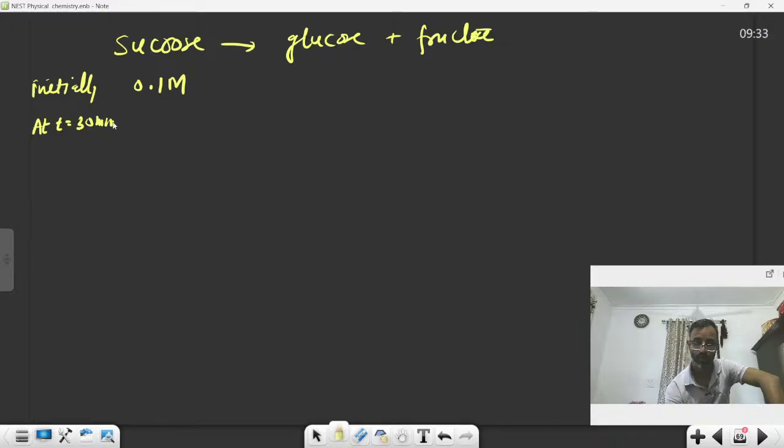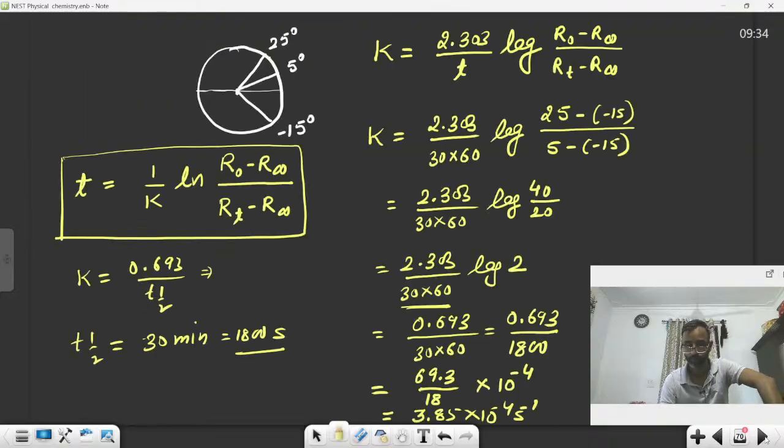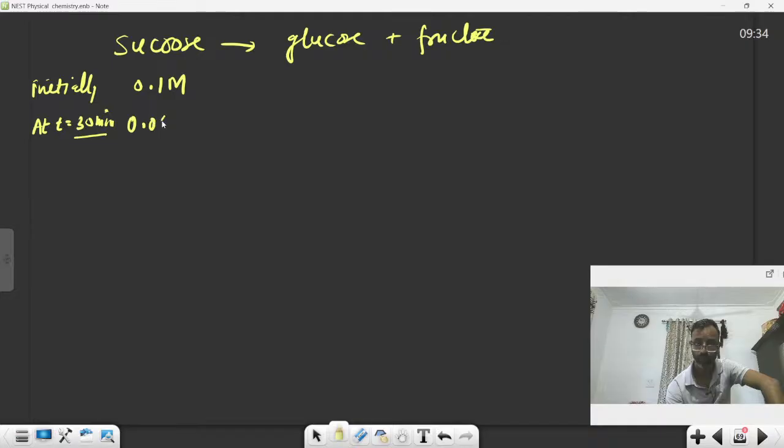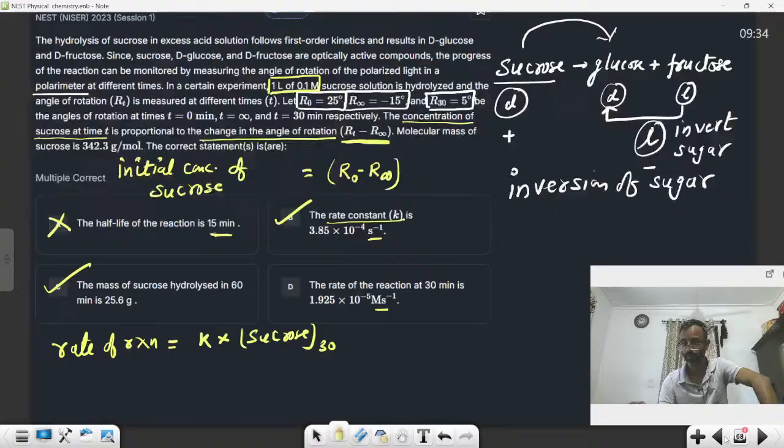After 30 minutes, how much will it be? 30 minutes is the half-life, so 0.1 becomes 0.05. So k is 3.85 into 10 raised to minus 4 and it is 0.05.